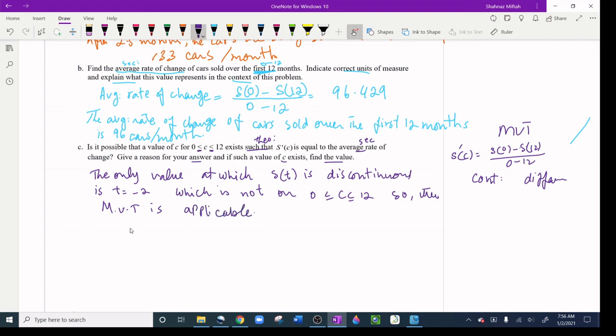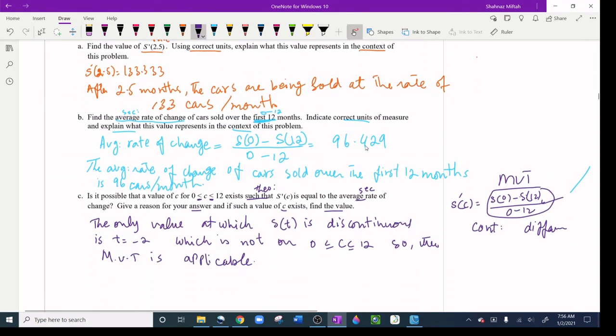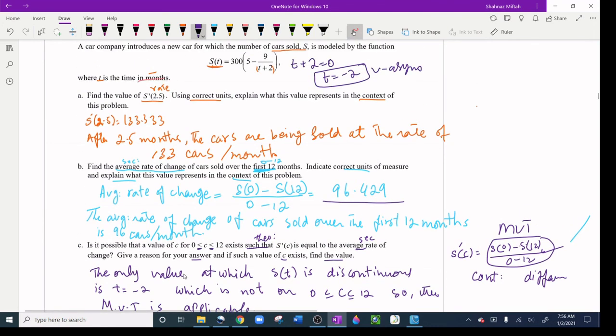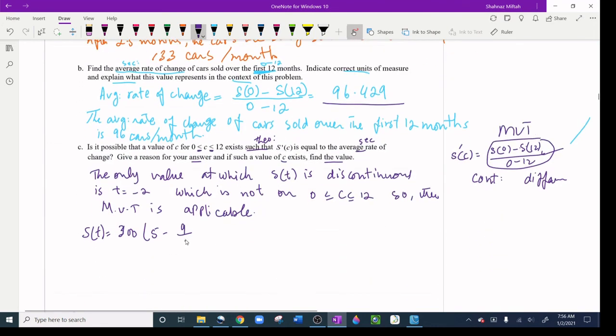Okay, done. Now how do we find C? If we are looking for C, we have to use this formula. I already have this part of the question, which we already figured out, 96.429. But S prime t, we have to find that. The original function is 300 times the quantity 5 minus 9 over t plus 2.